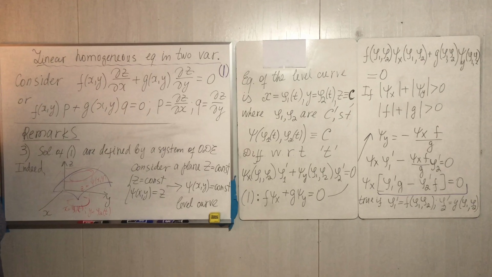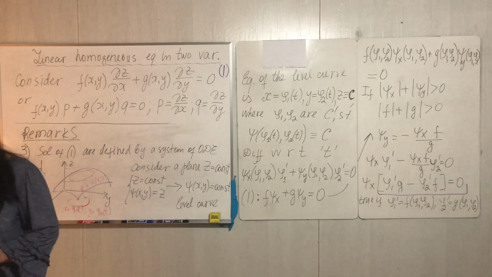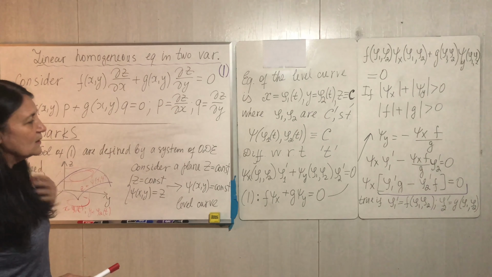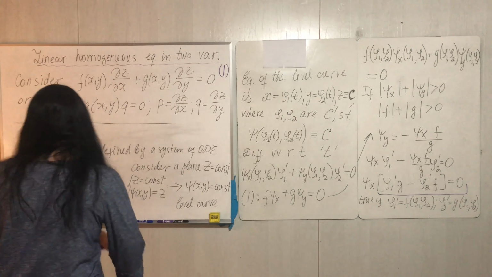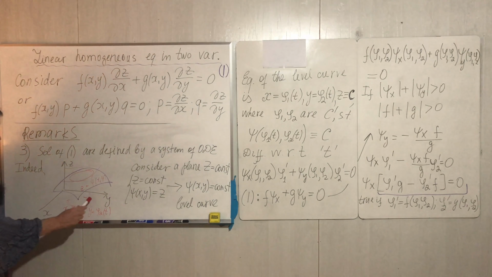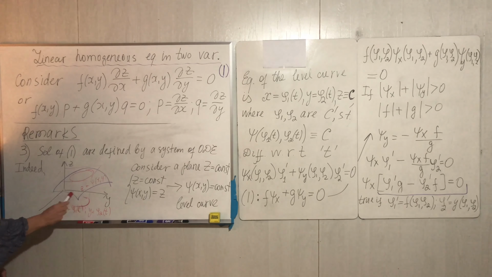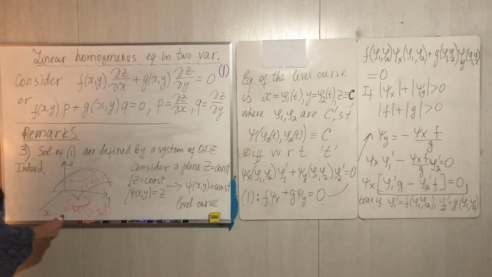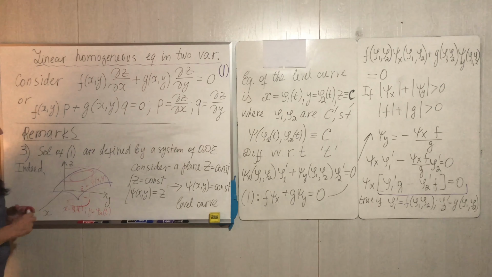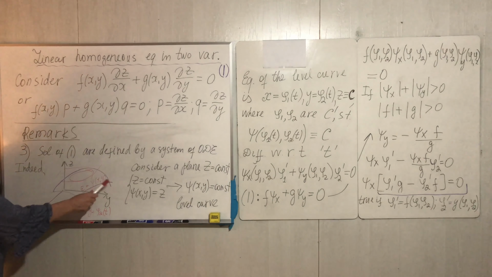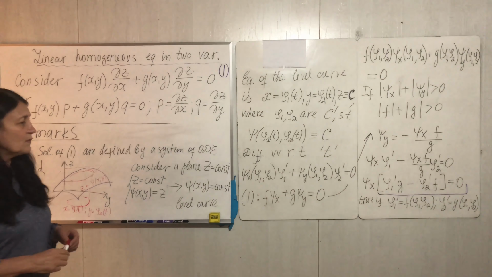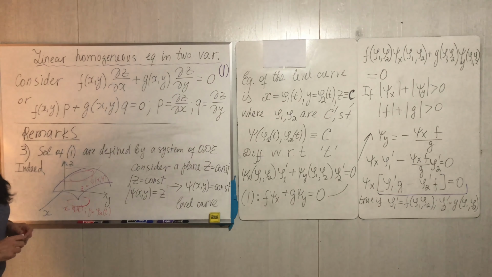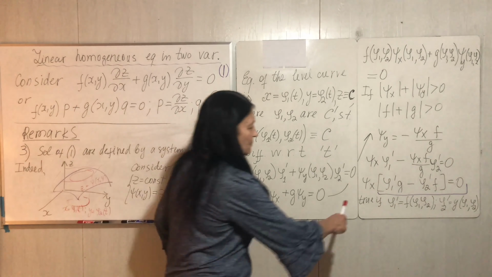So what can we conclude from here? We can conclude that our projections onto the x, y plane do not depend on a specific solution psi. They do not depend here on psi.